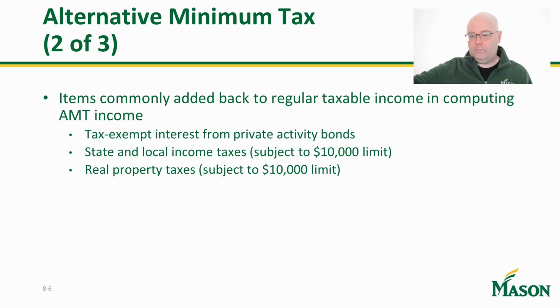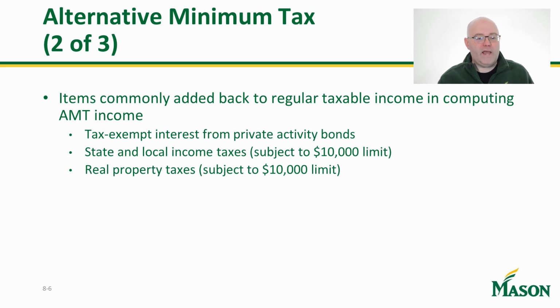They're going to put out a bunch of bonds in order to build the building. They put out the bonds, I buy the bonds. Under regular tax, it's completely exempt. Under alternative minimum tax, however, I have to add that interest back, because that's actually a preference item, because it's a private activity that the state and local government does.